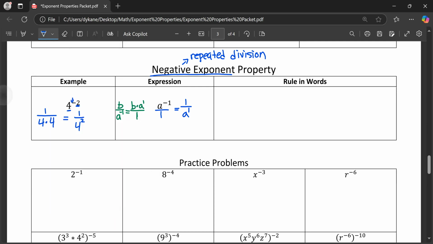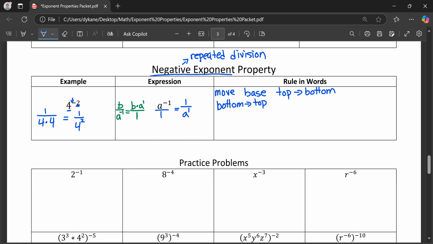So this is probably the trickiest rule. Once you get the hang of it, it's not too bad. But here's what's going to happen. We're going to move our base. So if it's in the top of our fraction, we're going to move it to the bottom. If it's on the bottom of the fraction, we're going to move it to the top, right?